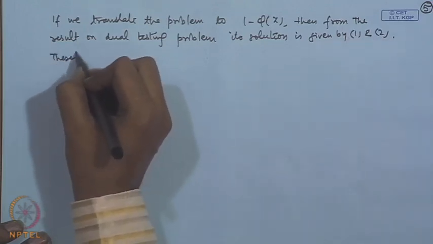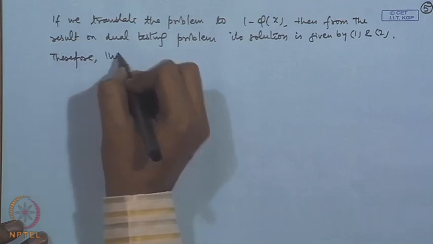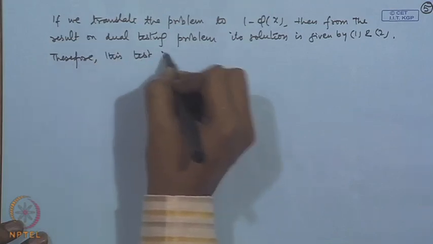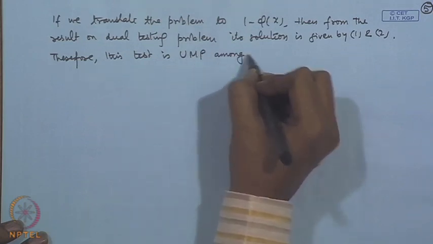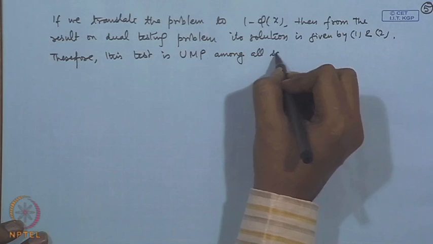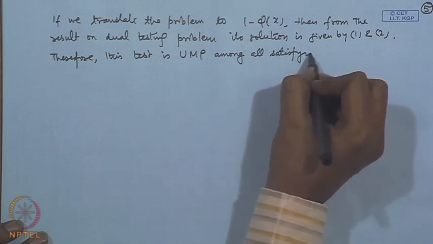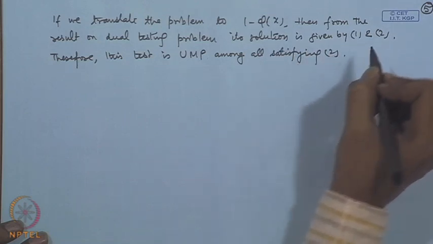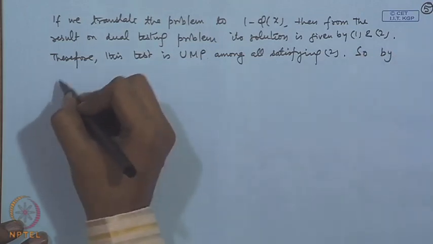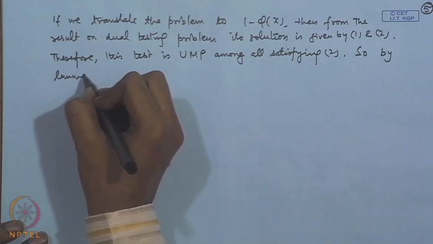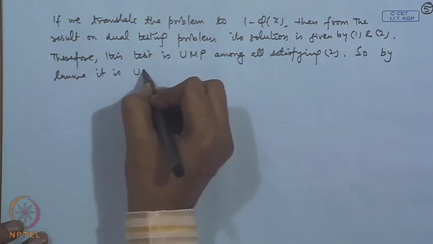Therefore, this test is UMP among all tests satisfying 2. So, by this, it is UMP unbiased.